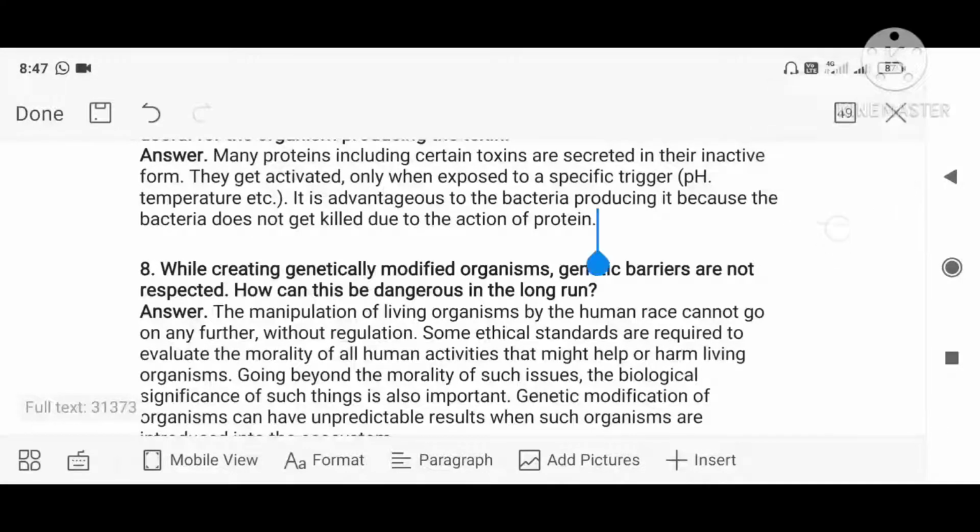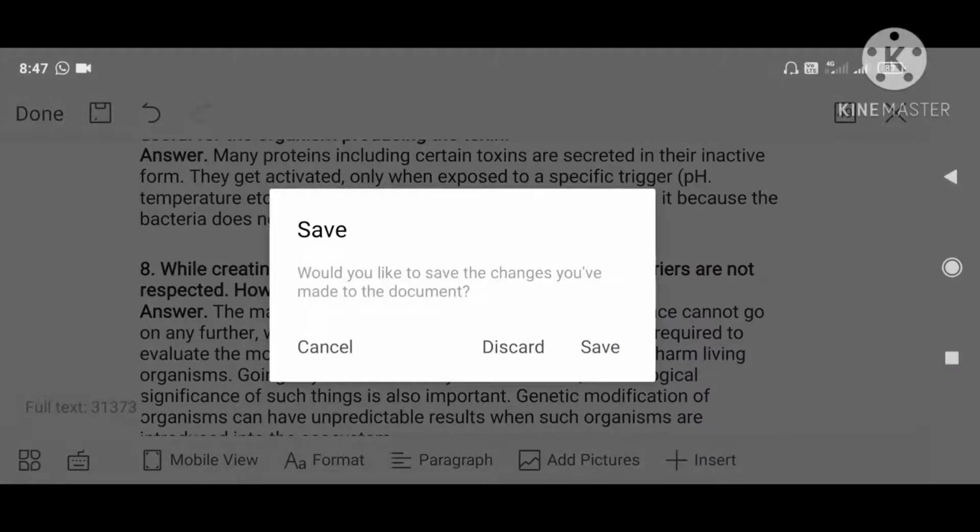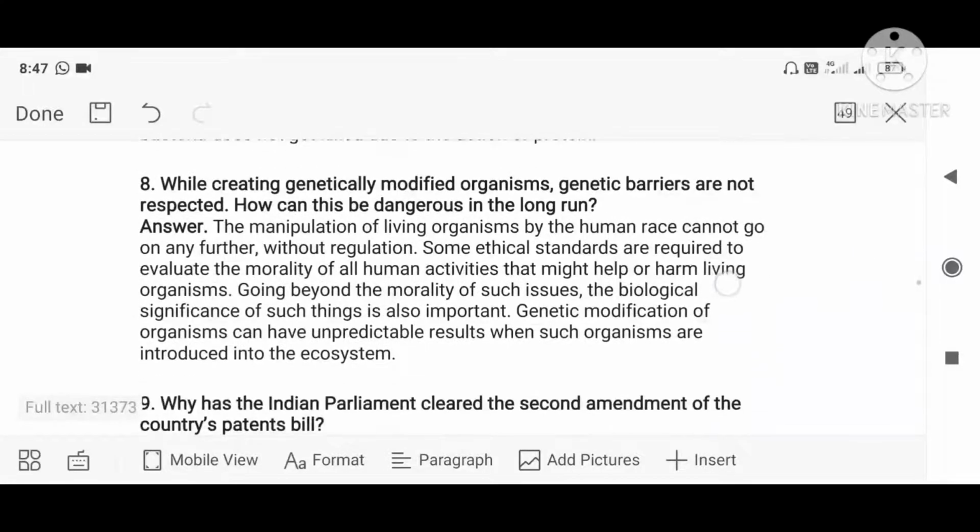While creating genetically modified organisms, genetic barriers are not respected. How can this be dangerous? Nowadays many research people are researching to develop many GM crops, isn't it? GM organisms, maybe animals also. What is the danger?